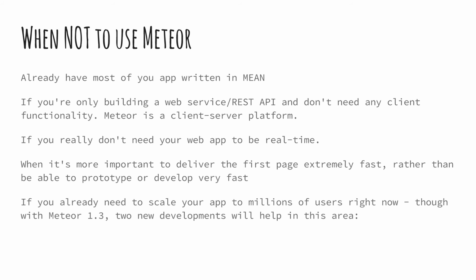If you need to scale to millions of users right now, it might not be the best fit for you. Maybe MEAN or Rails or something else is more up your alley, or maybe a LAMP stack if you need millions and millions of users of scale. What Meteor is for is to get you to that point, to take you from 0 to 100,000. Because once you have 100,000 users, you can throw money at the problem.